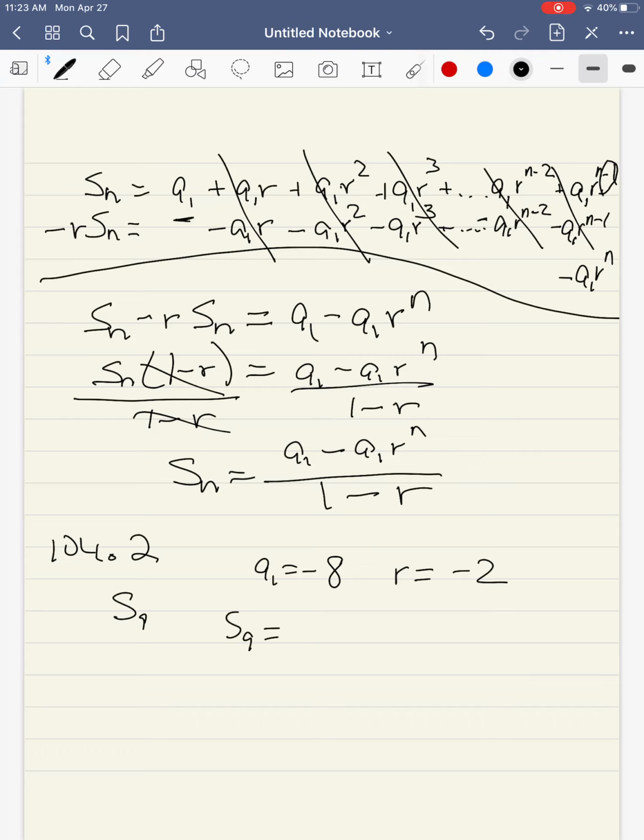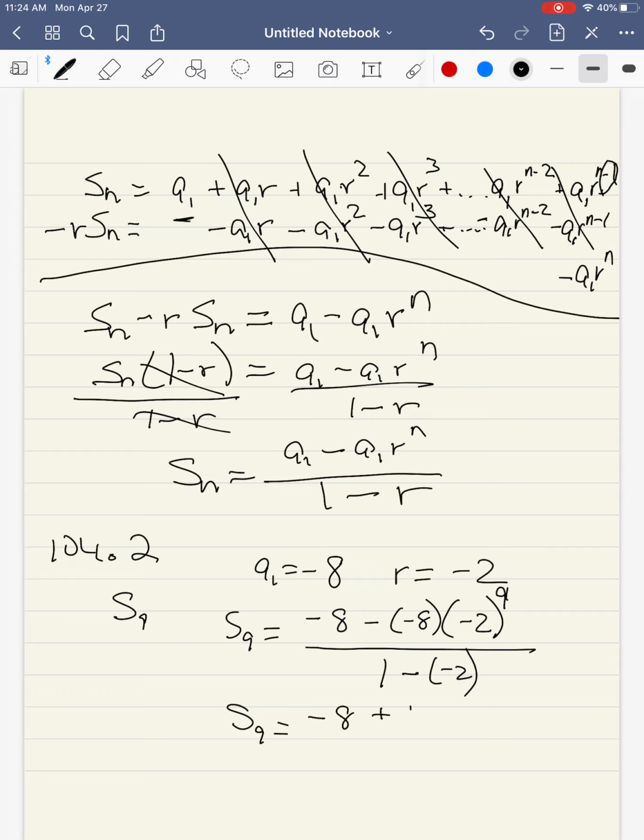So S9 will be equal to negative 8 minus negative 8 times negative 2 to the 9th power, divided by 1 minus negative 2. I got confused with the last example. So S sub 9 will be minus 8 plus 8 times 2 to the 9th, which is 256, and it's a negative.